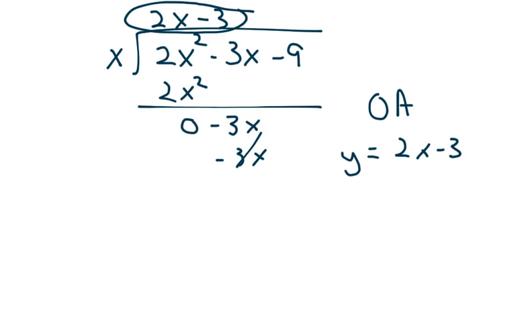And for a quick sketch of the graph, let's go to the next page. I'm going to graph my oblique asymptote, which is 2x minus 3. The y-intercept is negative 3. Go up 2 over 1, up 2 over 1, down 2 over 1. So kind of get that in there.